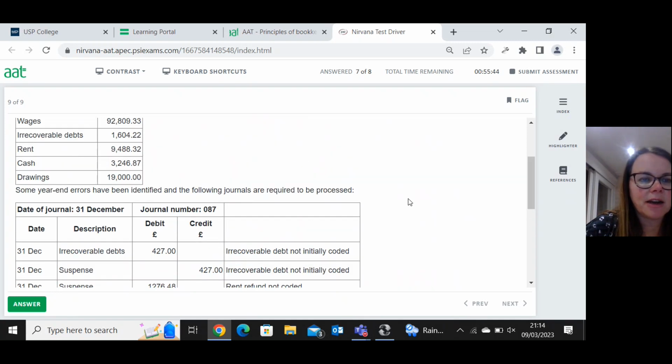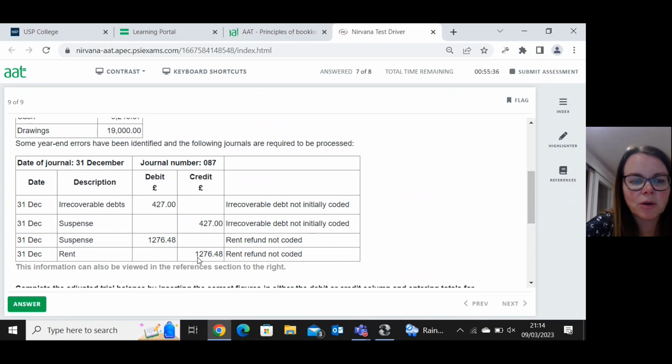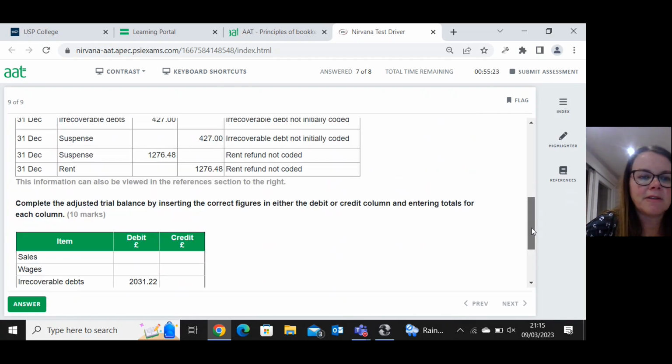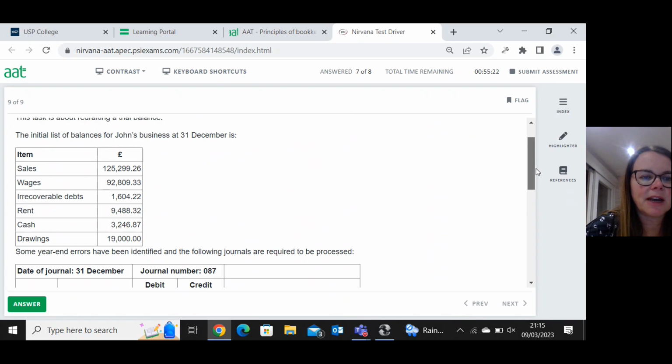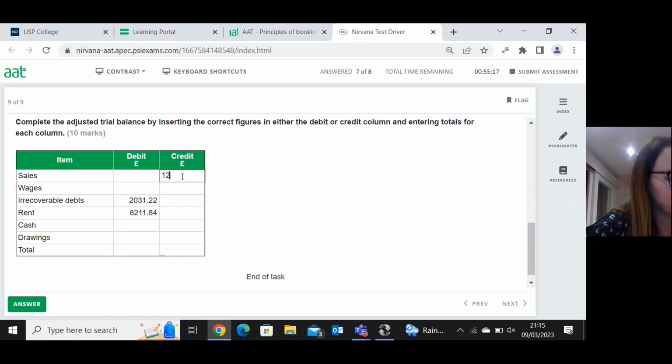With rent, I know that I'm starting with a debit, 9488.32. I need to credit it, so that's subtract 1276.48, and that gives me a rent figure of 8211.84. And then the rest should be straightforward. Sales is a credit, so put the number in there.